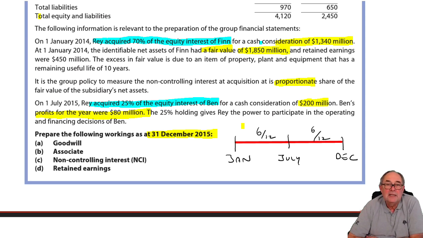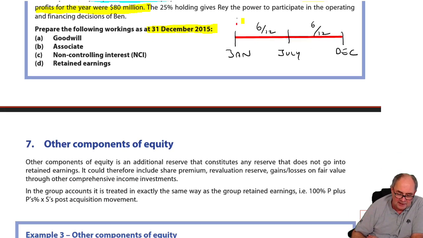So let's leave it for now and we'll sort that out a bit later. Where you see a figure that's troublesome, leave it till the end. Don't make trouble. The other thing we're asked for is retained earnings.